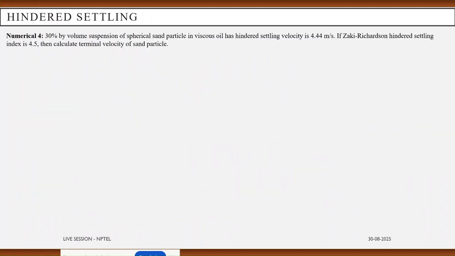So we will now go for the numerical for the hindered settling velocity.